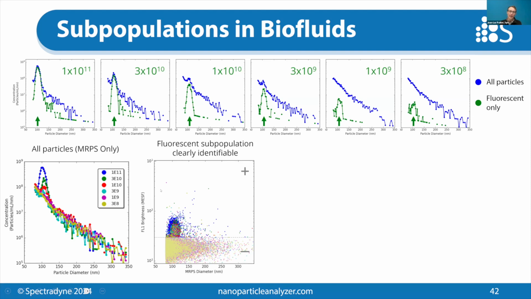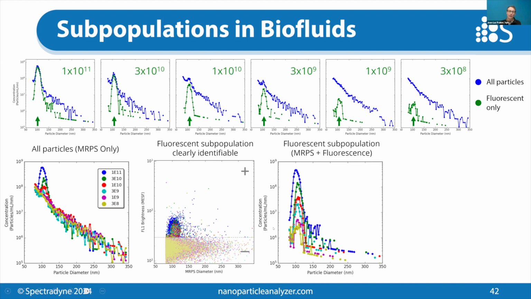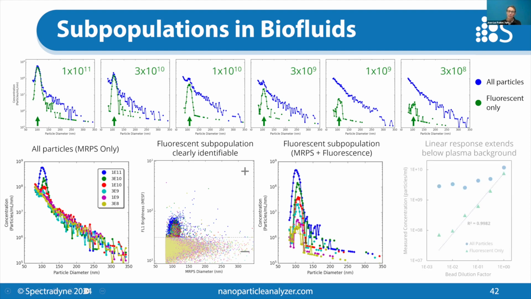In the fluorescent scatter plot now, you can see how the fluorescent particles stand out from the other particles. They're above the fluorescent detection threshold in this measurement, right? And all the plasma particles are down here, non-fluorescent. This is the size distribution of just the fluorescent ones. And then we can plot the concentration as a function of dilution factor.